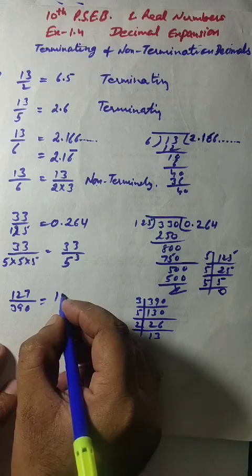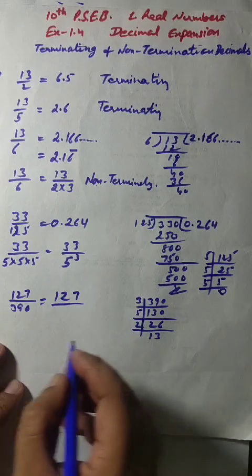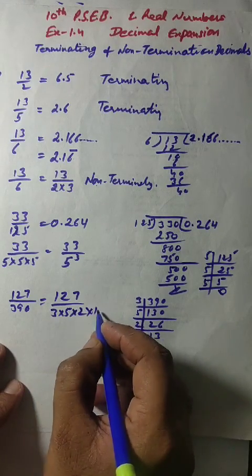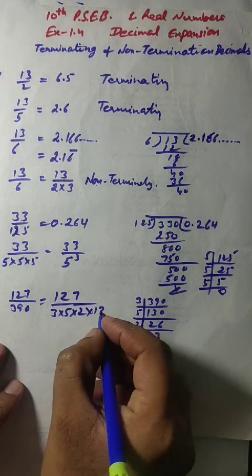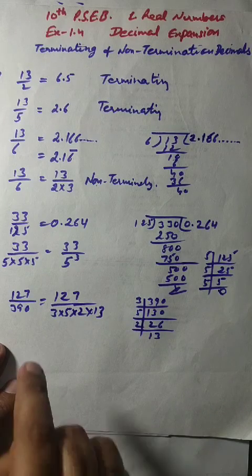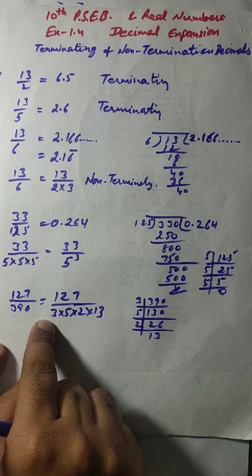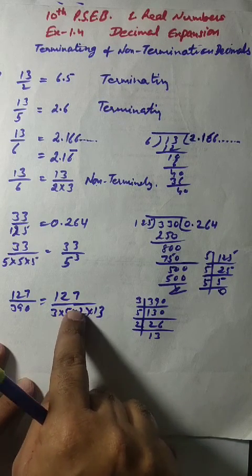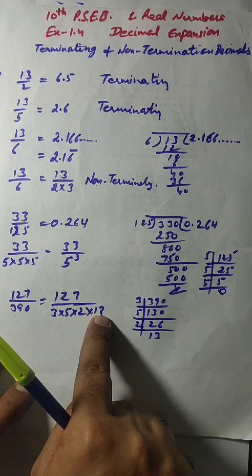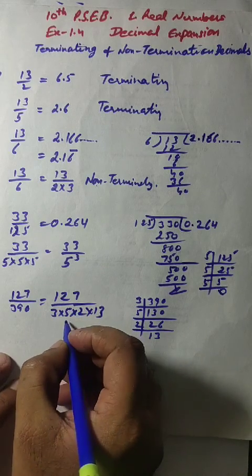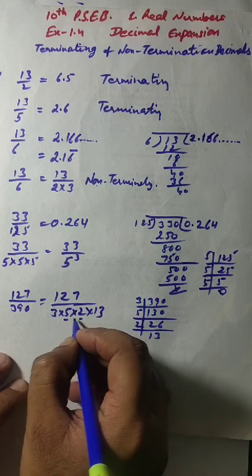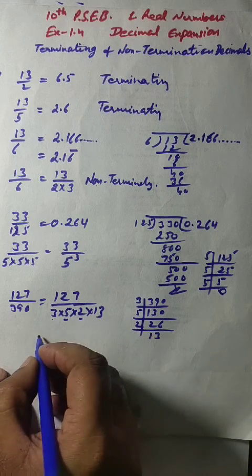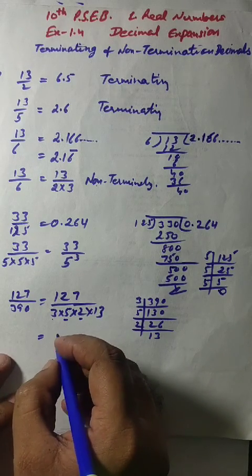So we are having here 2 multiplied by 3 multiplied by 5 multiplied by 13. So we can check easily here, this number is divisible by 3, 5, 2, and 13. So there are 2 and 5 in the denominator, but 3 and 13 are also there. They will convert this decimal into non-terminating.